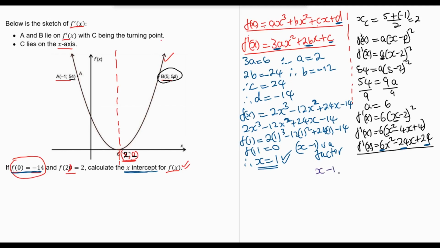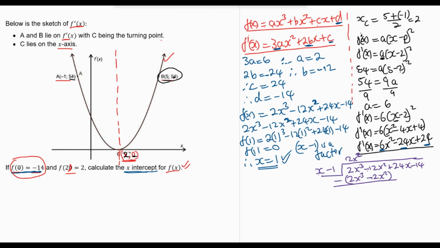x minus 1, and then we divide this, 2x cubed minus 12x squared plus 24x minus 14, right? And then we divide x into 2x cubed, this is 2x squared, and then 2x squared times x, that is 2x cubed minus 2x squared. And then we subtract this, and then what do you get?